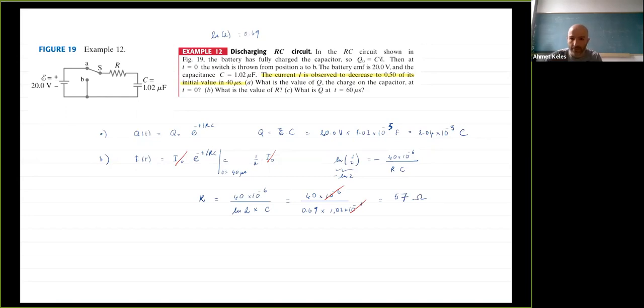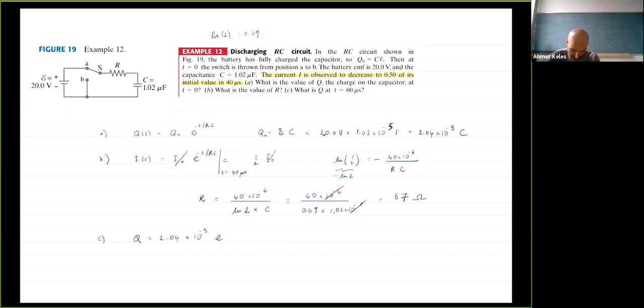Okay, thank you. And C, what is Q at T equal to 60 microseconds? Okay, C, Q is equal to Q max, and its value we found, okay, this thing is Q0, 2.04 times 10 to the minus 5 times e to the, okay.